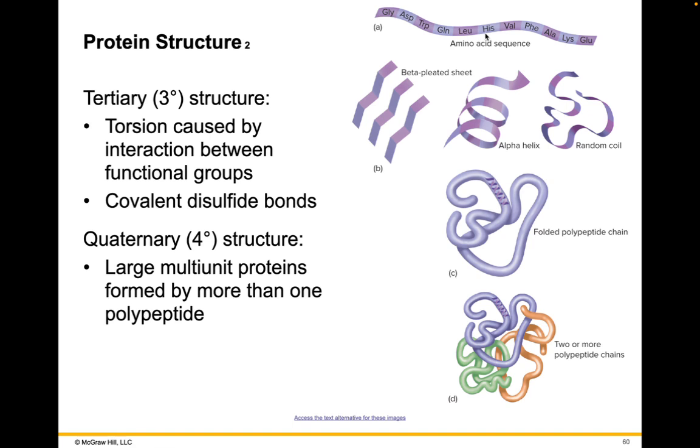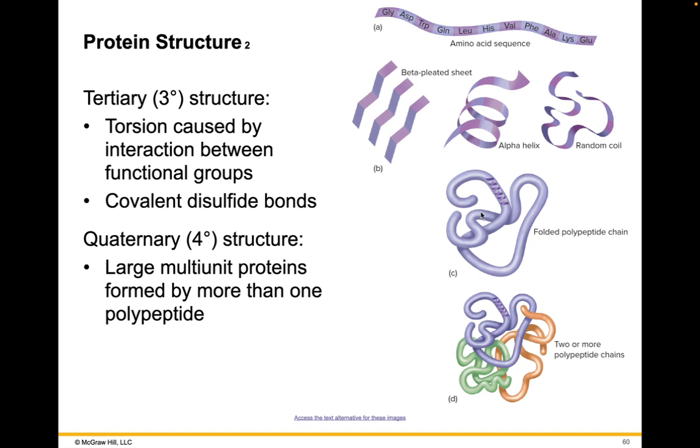Every protein has to have these 3 levels. First, you got to make the dang thing out of amino acids, put them in an order, and bond them together by peptide bonds. Then the functional groups on the sides are going to form these beta pleated sheets or alpha helices. Sometimes you'll have just a random coil. And then when the R groups interact, it's like taking a bunch of these and folding them up on each other.